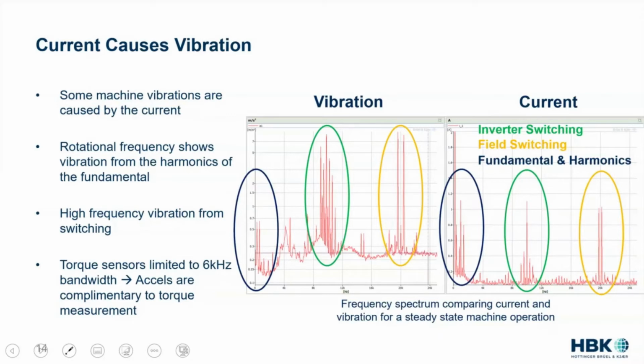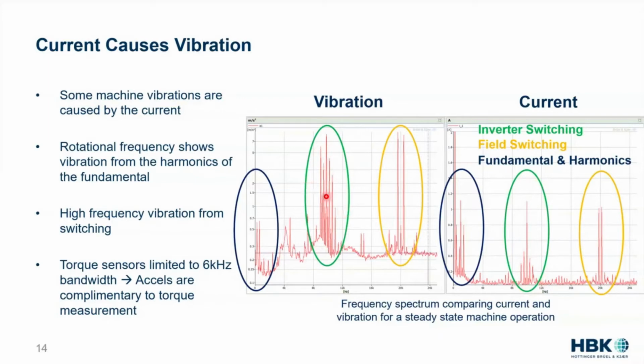But then where it becomes really interesting is when we look at the inverter switching. So in the green, right around 10 kilohertz, we have a bunch of peaks in our vibration, and those can be tracked really closely back to these peaks in current. But we can see that the peaks in current have a big peak at 10 kilohertz and then smaller sidebands out, whereas the peaks in vibration have pretty big peaks in the sidebands.